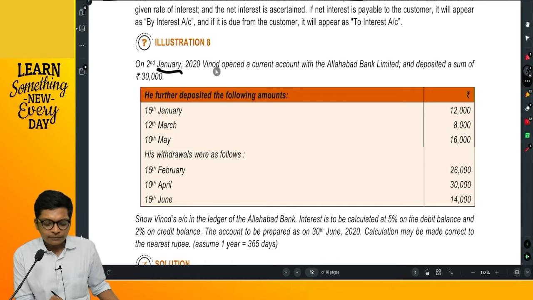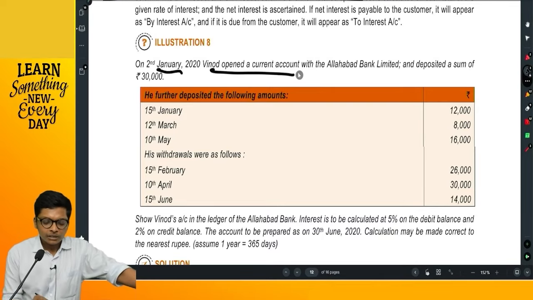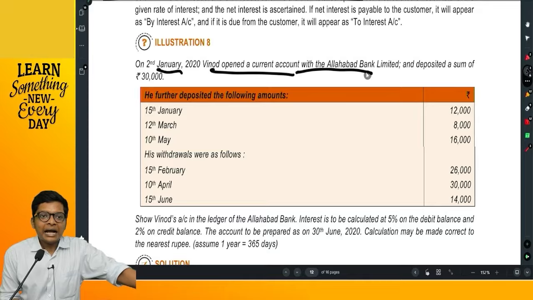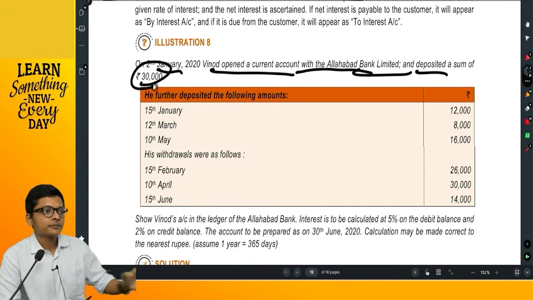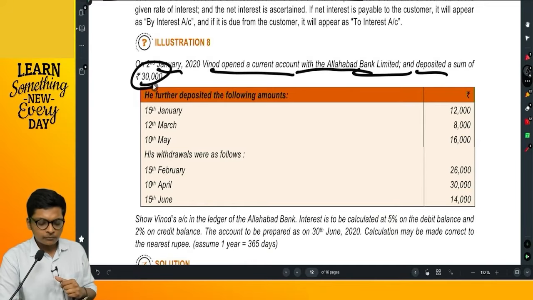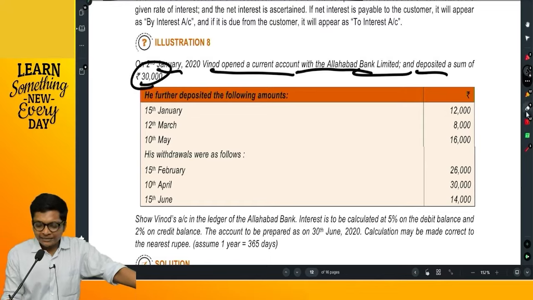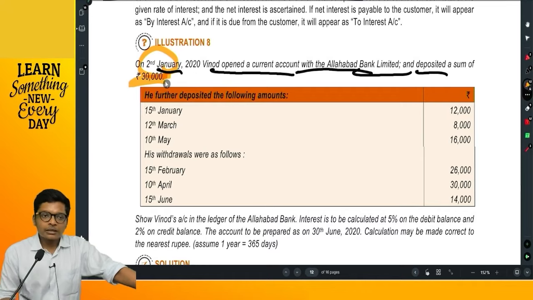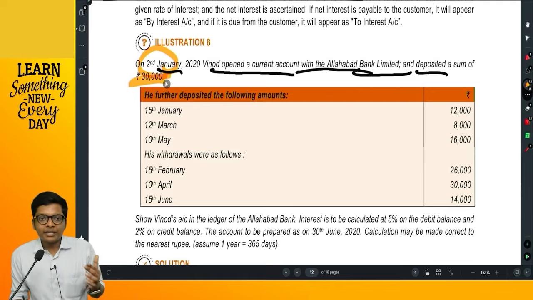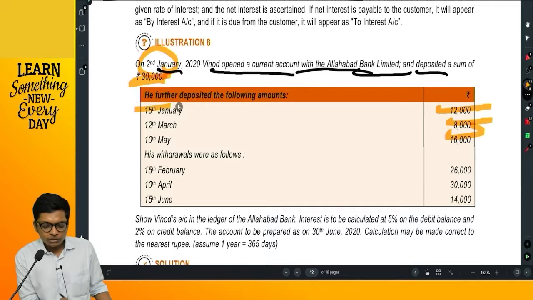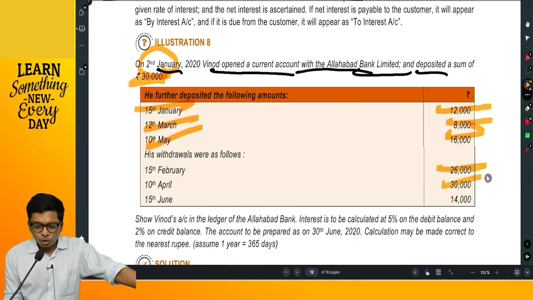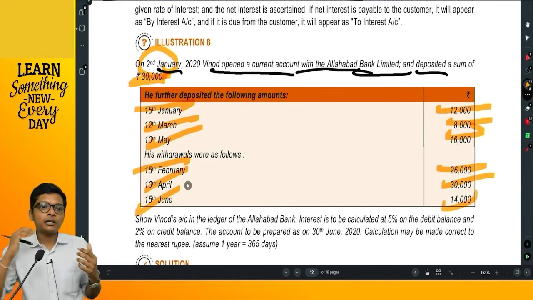What is given over here? On 2nd Jan, Vinod opened a current account with Allahabad Bank and deposited rupees 30,000. Now, his opening balance is 30,000, and during the year he deposited 3 amounts and withdrew 3 amounts on different days. Now all of us have a bank account.